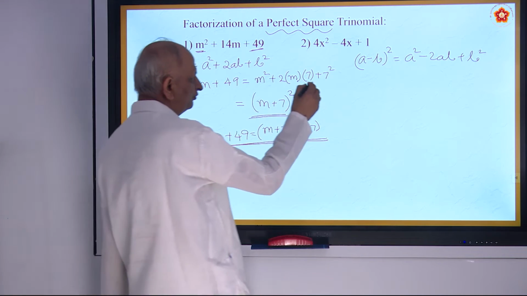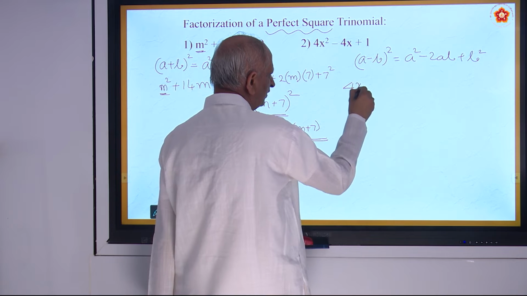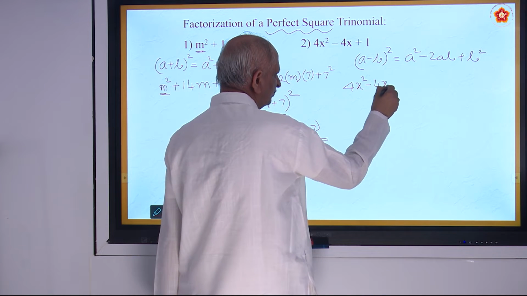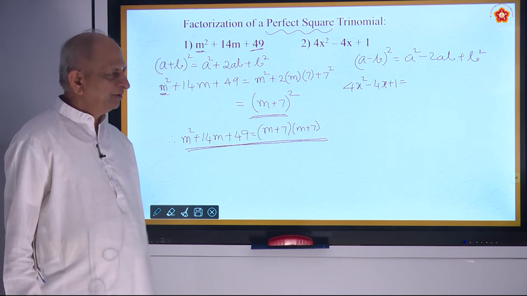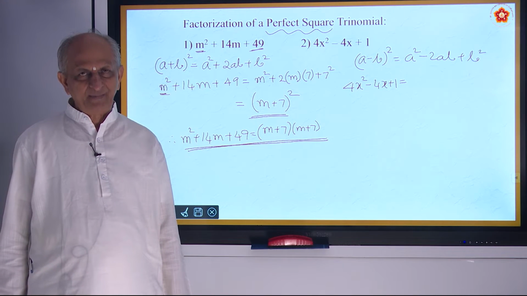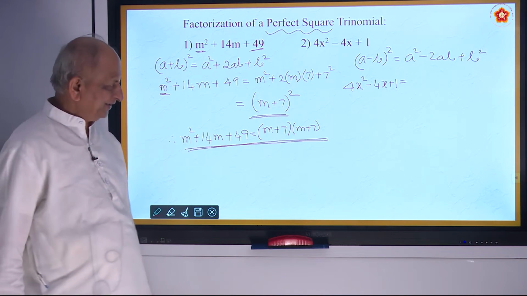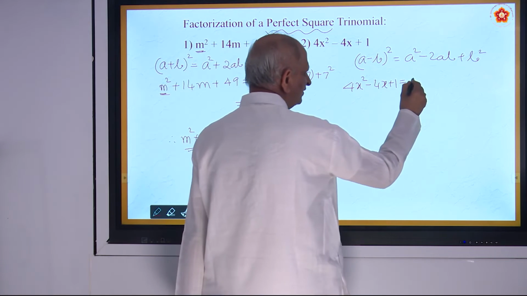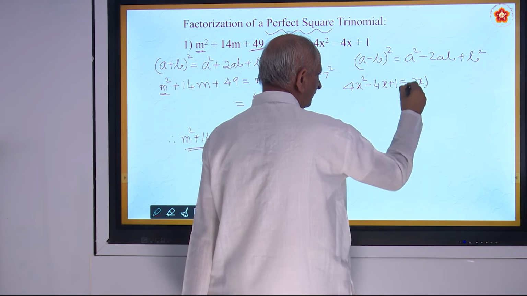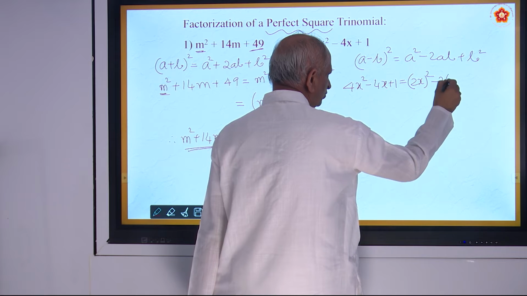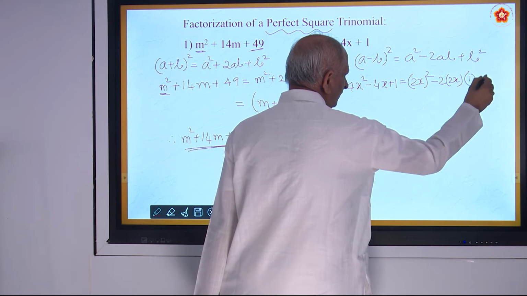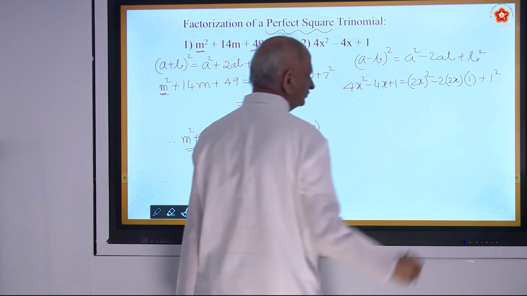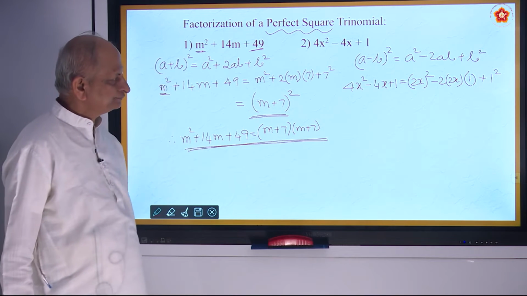So now you have 4x squared minus 4x plus 1 is equal to, come on, 4x squared is the square of which number? Yes, 2x. (2x) whole square minus 2 into a into b plus b squared, 1 squared.